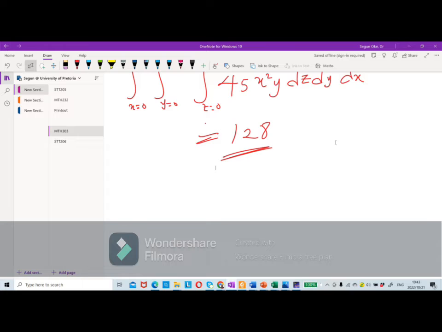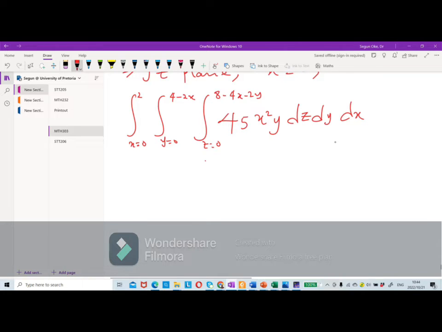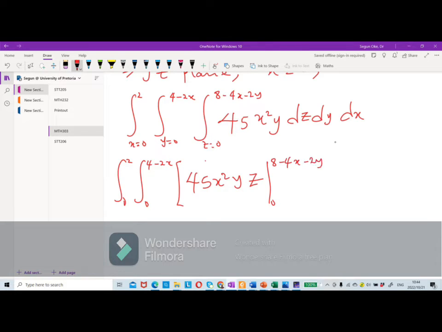Okay, let me just help you with this halfway, because there are some things here that we have to be careful with. x from 0 to 2, y from 0 to 4 minus 2x. Now, if I integrate with respect to z, what do I get? 45 x squared y z, from 0 to 8 minus 4x minus 2y.